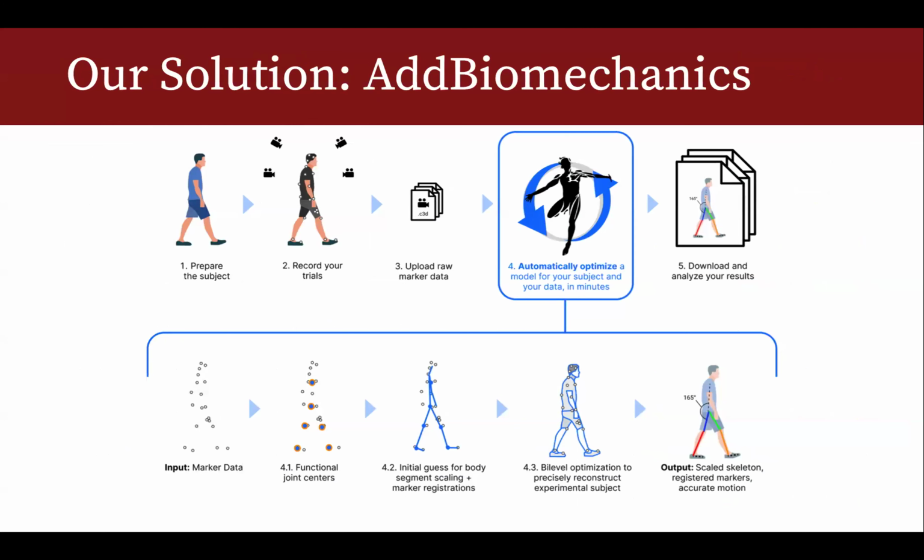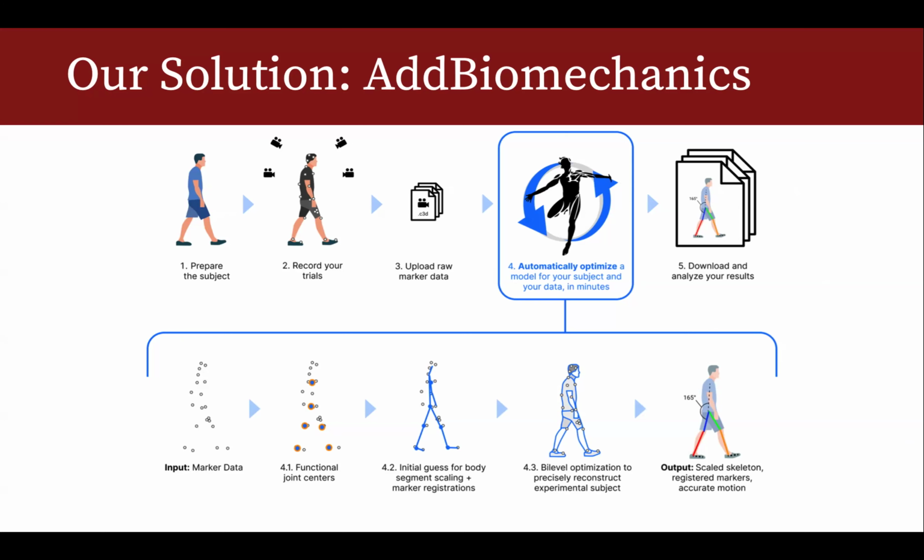So we introduced a web-based tool called AddBiomechanics to fix this problem. It's really just a simple motion capture data processing tool, if you look from the outside. Our goal is to make this tool available to everybody.